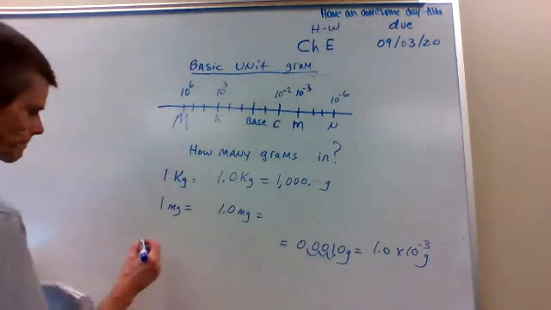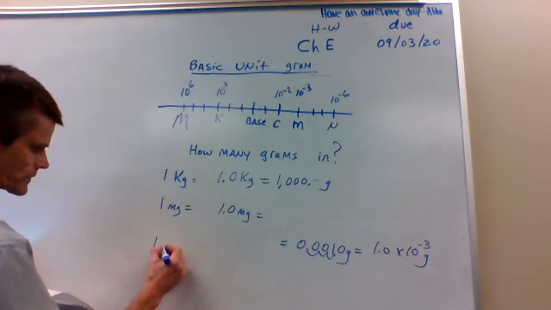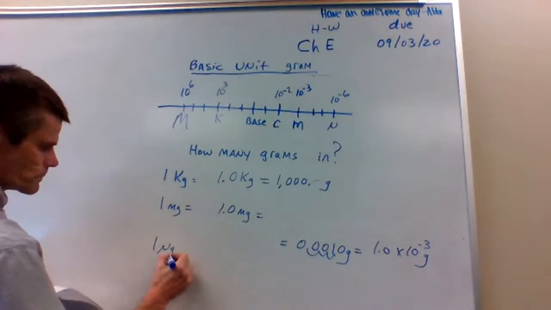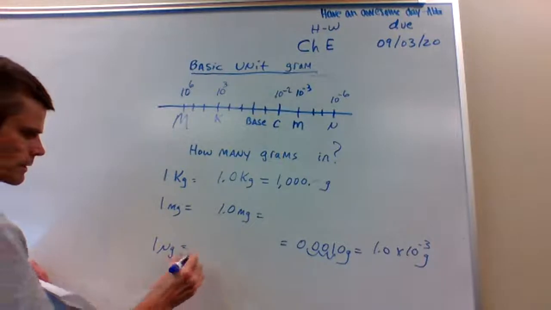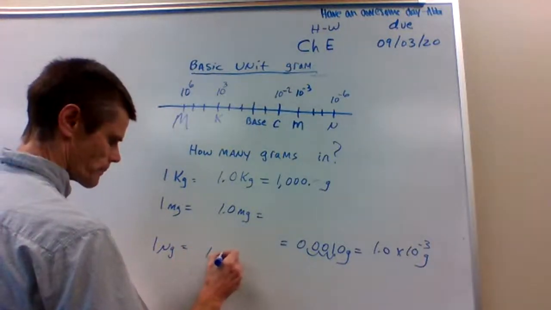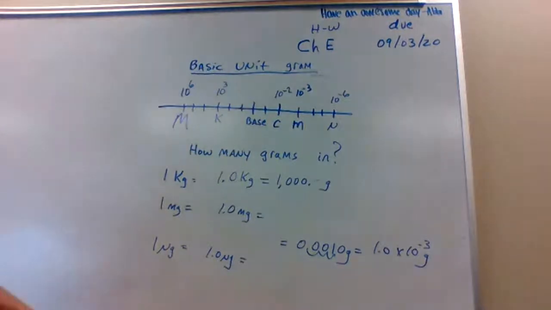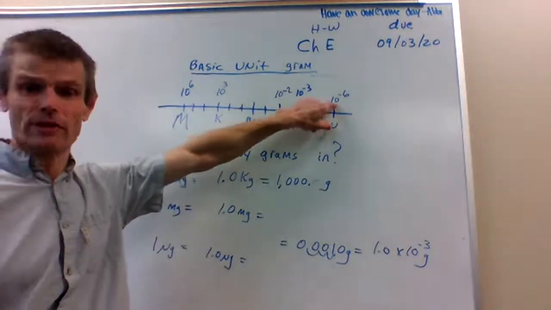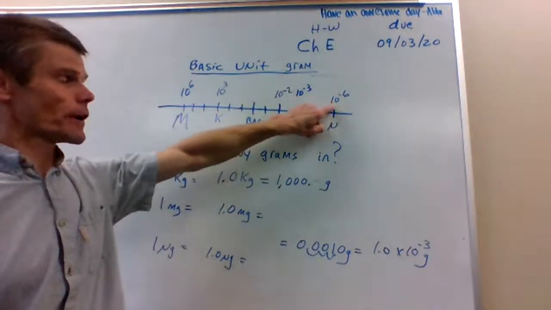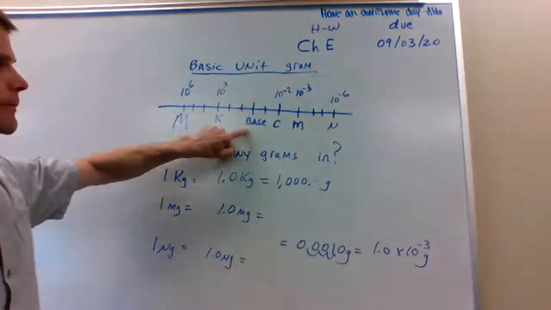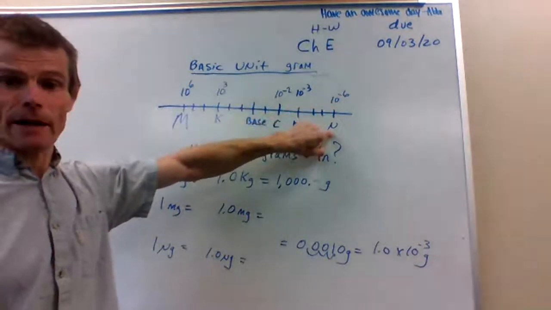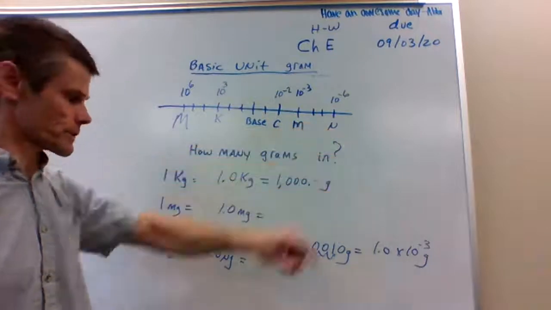1 microgram. Now this uses the mu g. How many grams? Well, this is where we're simply going to use 10 to the negative 6th. This tells us how many of our base units are equal to that conversion prefix.